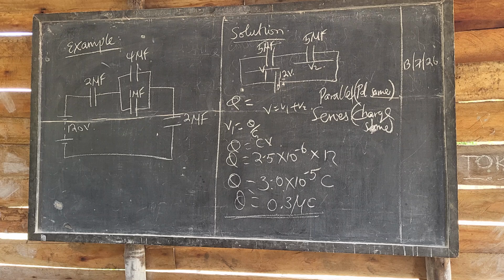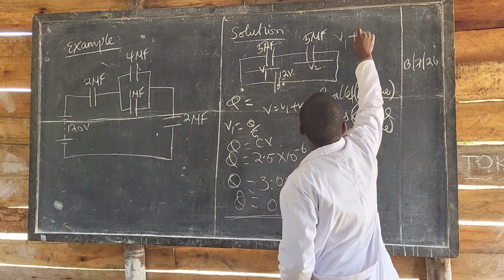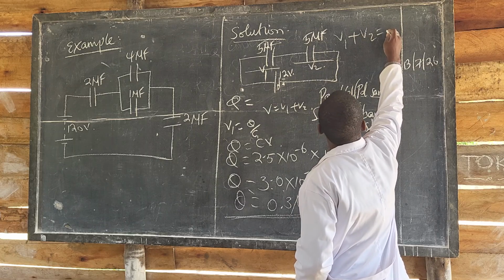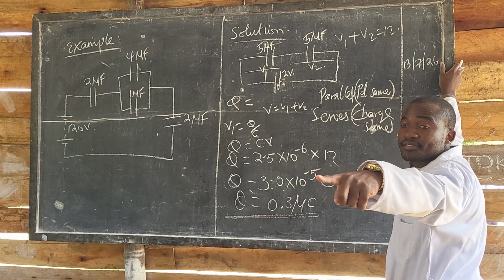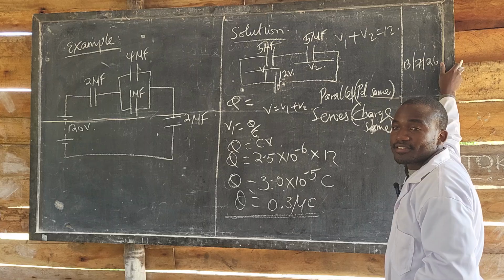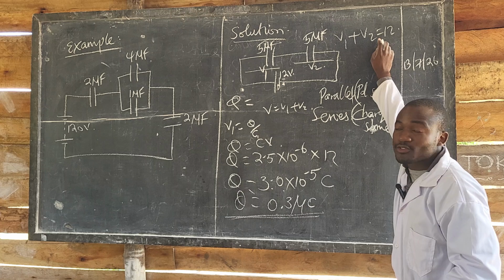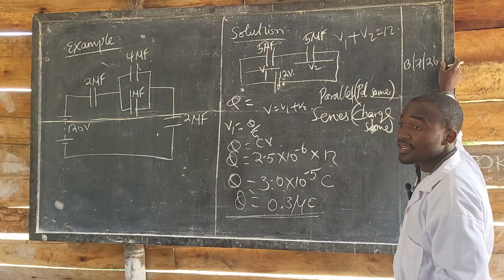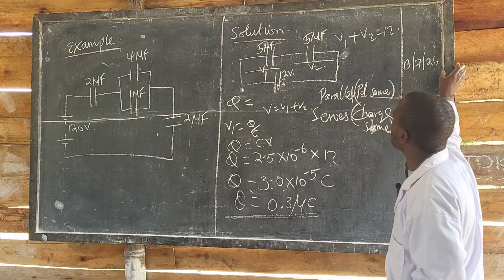Have you started solving simultaneous equations? I think we can create two simultaneous equations here and have V1 plus V2 equals 12, right? V1 plus V2 gives us 12. But the charge on this is the same as the charge on this. So we shall have this is Q. What is V in terms of Q and C?